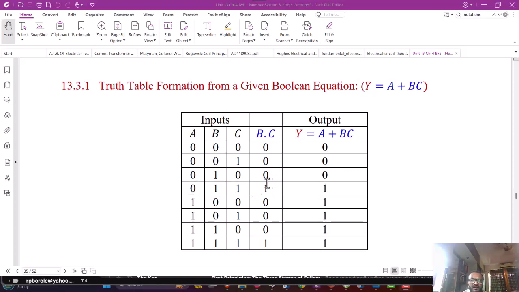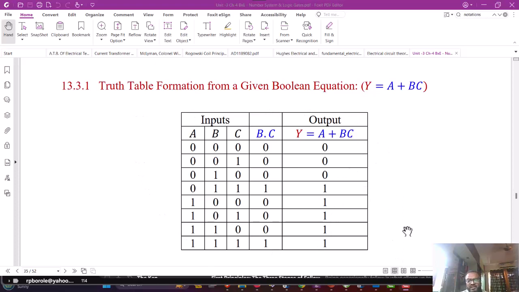The fourth row, 0 or 1 is 1. 1 or 0 is 1. 1 or 0 is 1 again. 1 or 0 is 1 again. And 1 or 1 in the last row is 1. So therefore, the last column output is generated in the truth table.